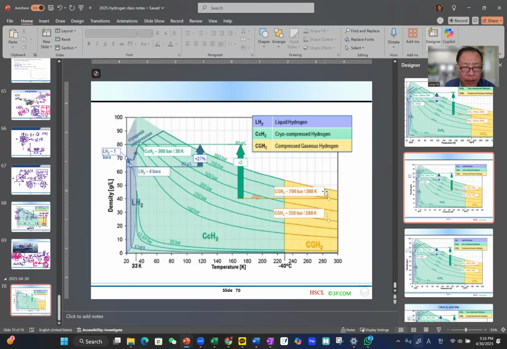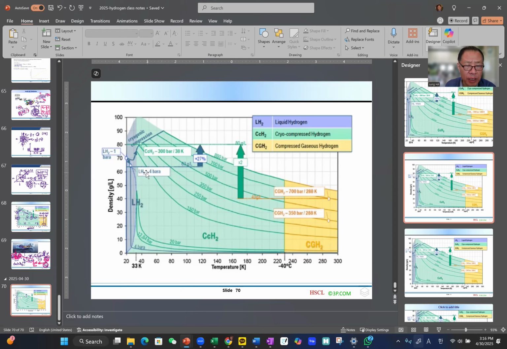As you can see, we have to press about 880 bar, which is even higher than 700 bar. And to increase further, we can apply higher pressure, such as 1000 bar. Then we can reach about 50 gram per liter.